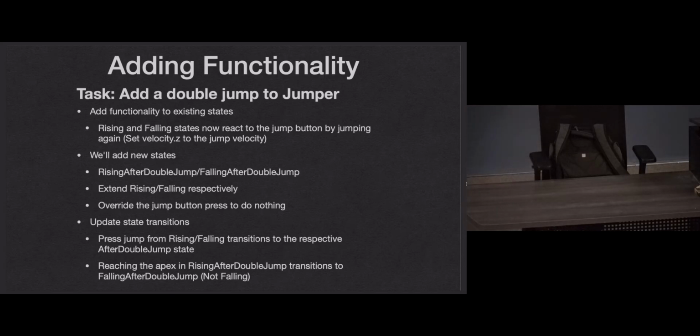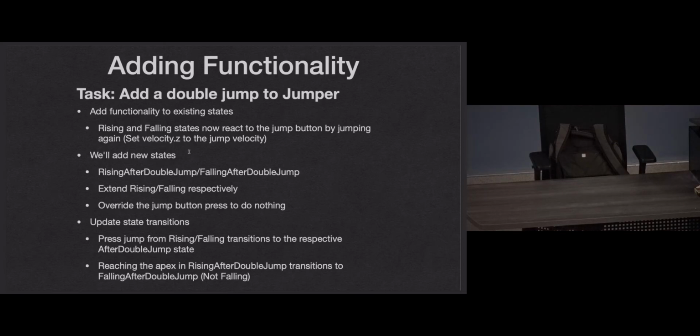So the jump button is going to set the Z velocity to some double jump velocity, however high we want our double jump to be. I believe I set it to the standing jump velocity, so you don't get a big jump for your double jump, but you get a good sized jump. And then after you jump, we need to shut off the double jump functionality. We want to make sure you only get one jump.